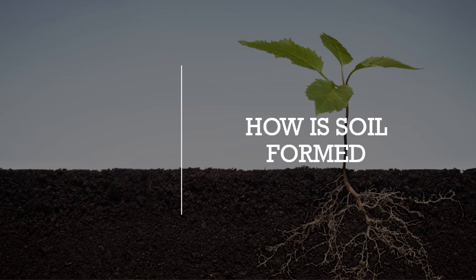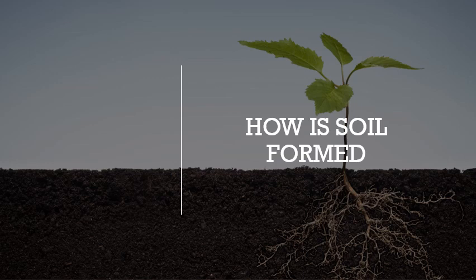So how is soil formed? In short, it is nothing but the weathering of rocks. Weathering is nothing but the breaking down of the rocks. Earth was made of huge rocks many millions of years ago.